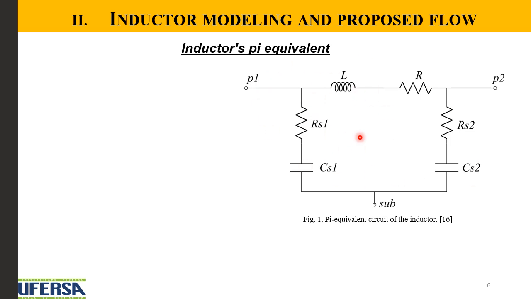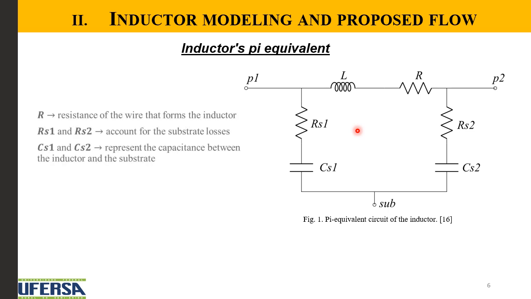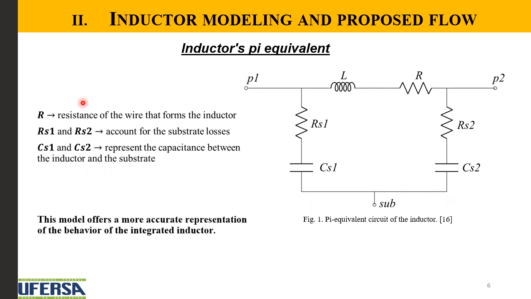This equivalent represents the integrated inductor, where R is the resistance of the wire that forms the inductor, RS1 and RS2 account for the substrate losses, and CS1 and CS2 represent the capacitance between the inductor and the substrate. So this model offers a more accurate representation of the behavior of the integrated inductor.